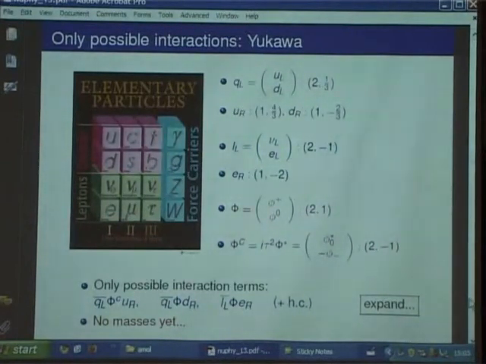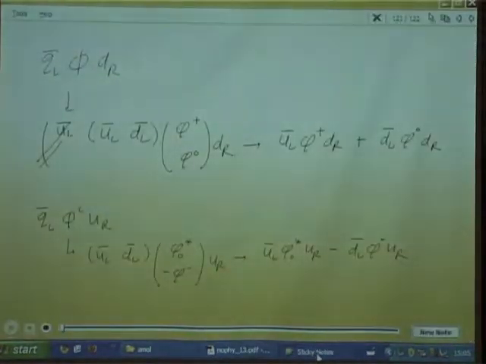So note that till now we have got no masses. There was nothing that looked like a mass here. These are interaction terms. So this will mean that I have a UL coming in, I have a DR going out, and I have a phi plus. This means that I have a DL coming in, I have a DR going out, and I have a phi 0.